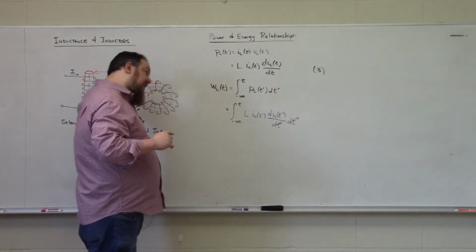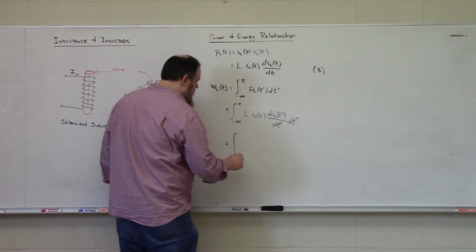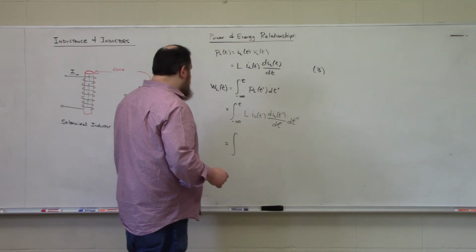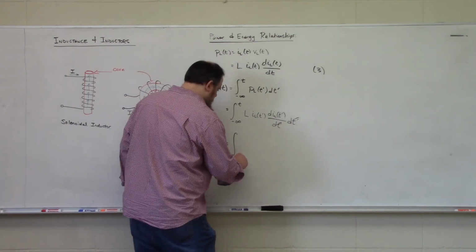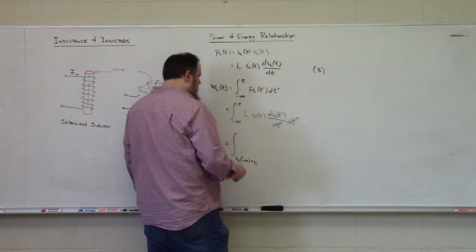Those guys cancel each other out. And we're going to assume that the current flowing through the inductor at t equal to negative infinity is 0. So this will be IL at negative infinity is equal to 0 amps.